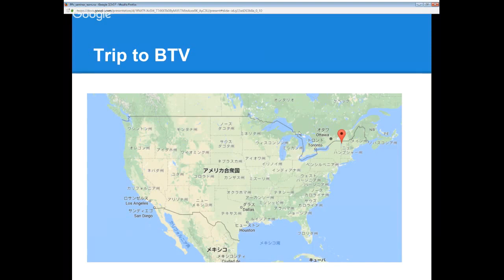But actually, when I arrived at the airport, it was so big, a big city. I was surprised the United States is so big. Even a local city has an airport that is still big.